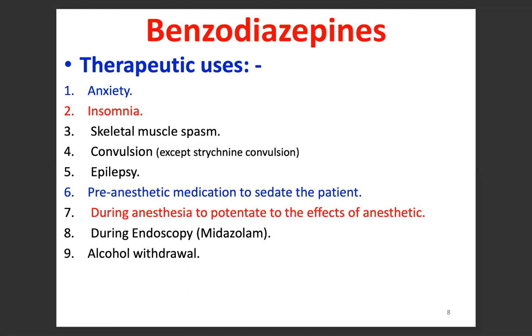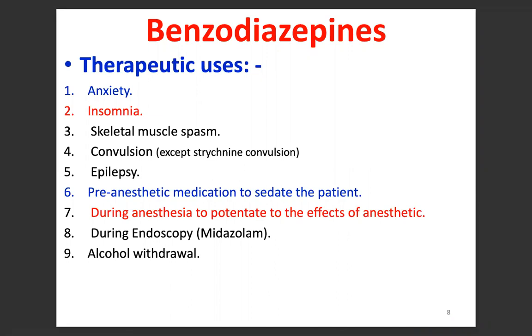For example, if in a surgical procedure the anesthesia requires 5 ml, and if we give the benzodiazepines just before giving the anesthesia, it will reduce the dose of anesthesia, maybe it will need 3 ml. So it will reduce the dose of anesthesia, and it will reduce the adverse effects produced by the anesthesia.